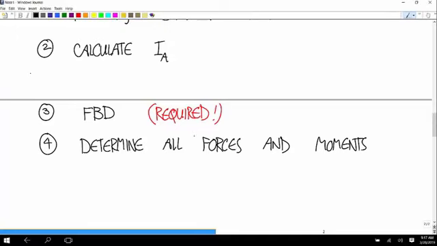So how many non-zero components are we going to get for our force vectors? 2. Yep. So this is 2 components. And how many non-zero moment components are we going to get?